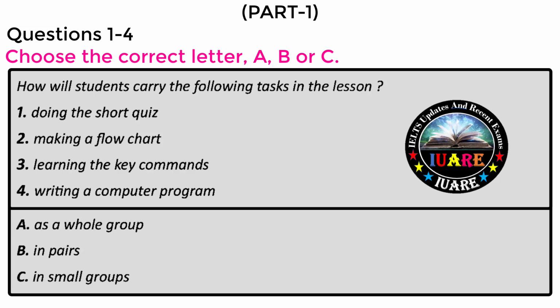Good. What next? Well, I've had an idea for the program they could write. I'll tell you about that in a minute. I think the key thing is, though, that before they actually sit at their computers, and I think we should presume that they're doing this lesson in a computer room, they make a flow chart of what they want the program to do. That's usually the best way to start writing a program.